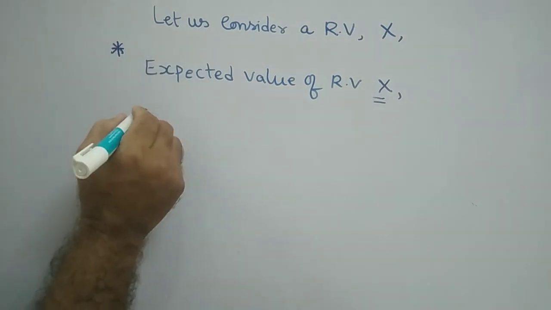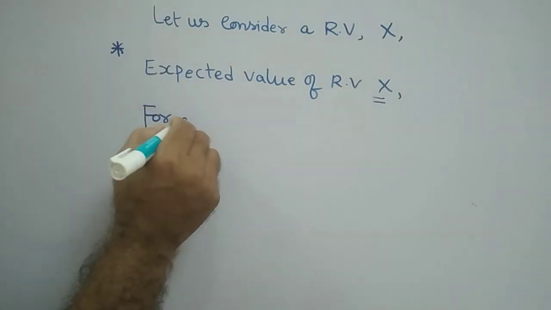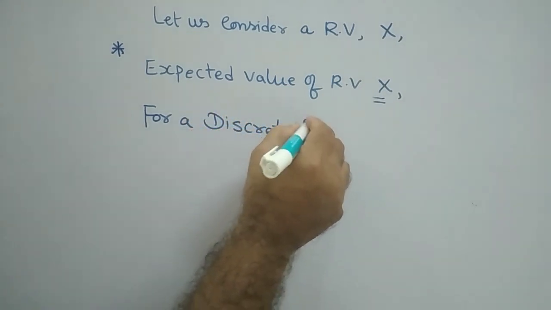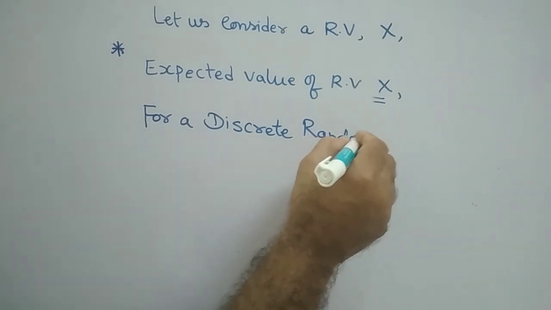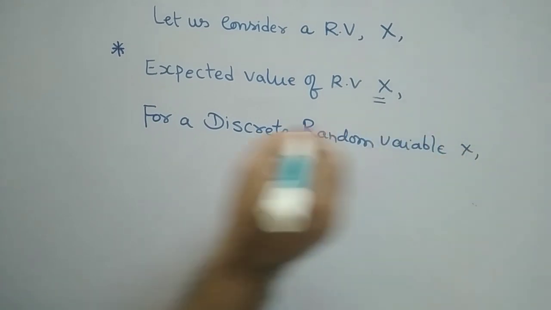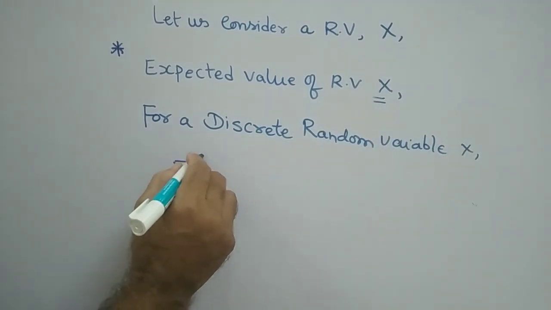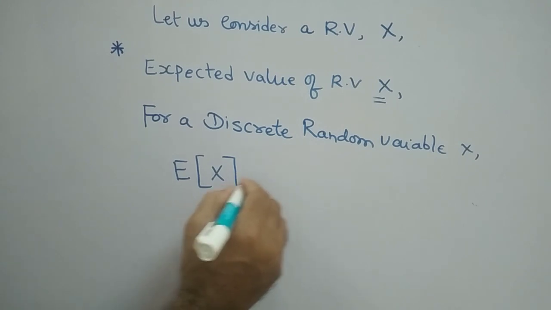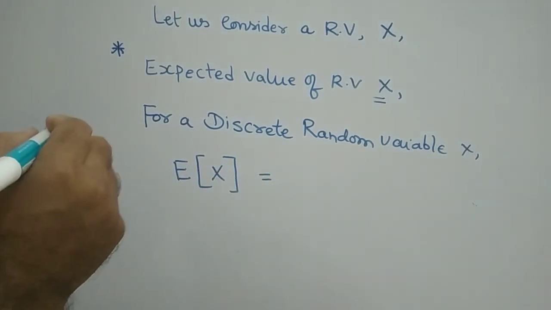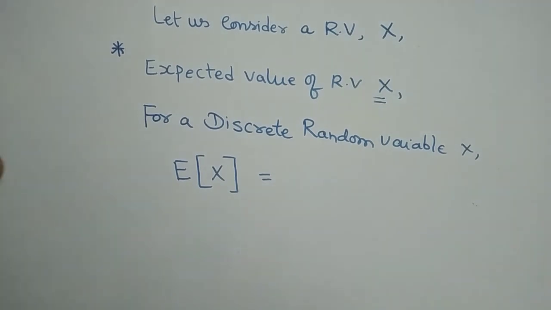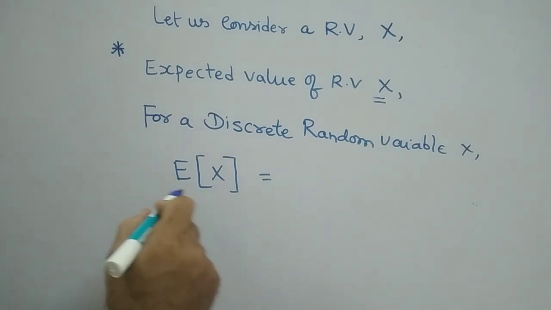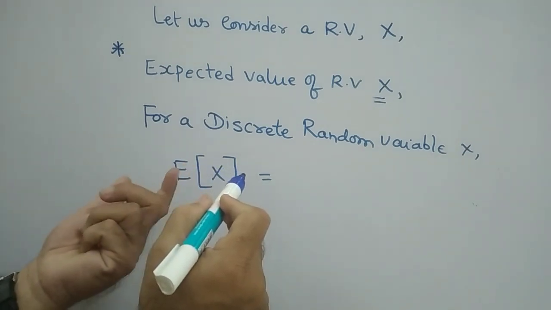So for a discrete random variable x, the expected value E of x, in both cases it will be E of x only, it will not change. Whether it is a continuous random variable or a discrete random variable, the denotation of E of x will be the same.